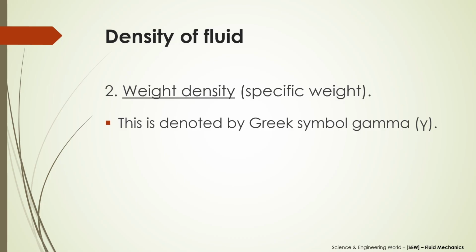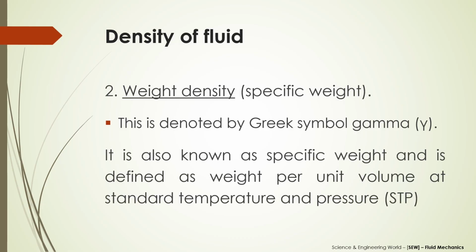The weight density or specific weight is the weight of the substance per unit volume at standard temperature and pressure. The weight of the substance, weight per unit volume at standard temperature and pressure.